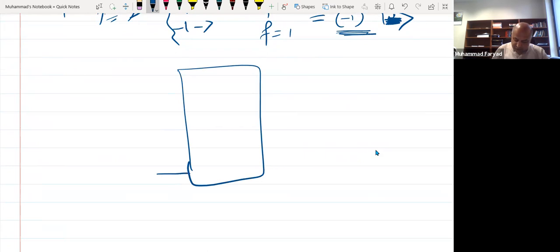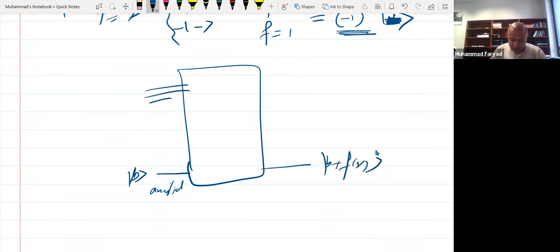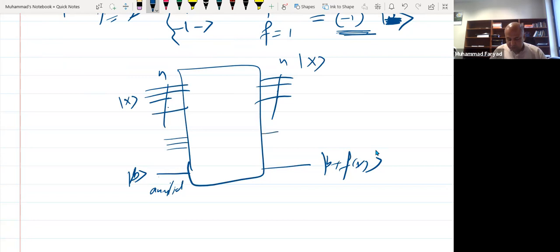By the way, in addition to this bit, which we usually call the ancilla bit, which is either set to 0 or minus to make it an amplitude or a phase oracle, there is this n bit long x input and n bit long x output. There might be other bits, which we can call ancillary bits, which you can picture as being part of this process, or maybe separate.